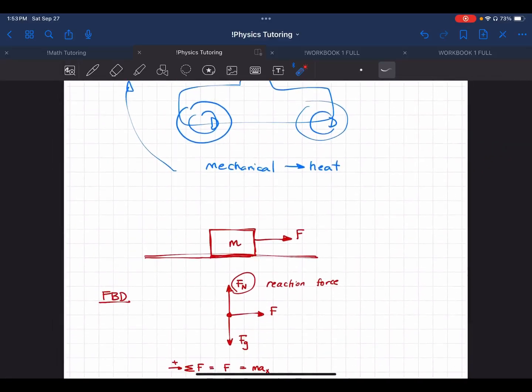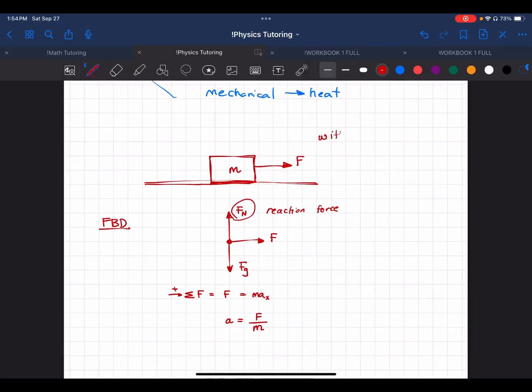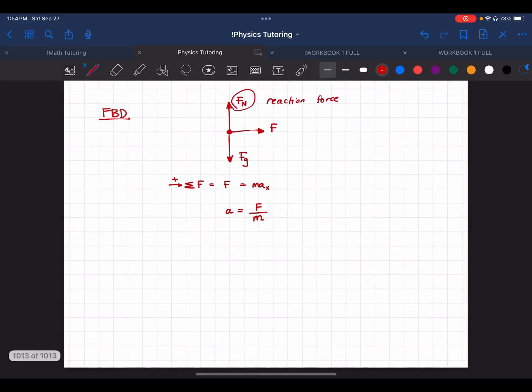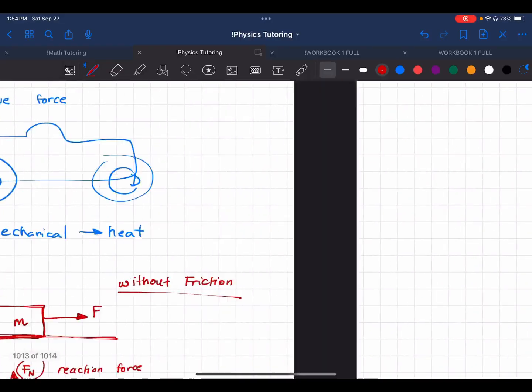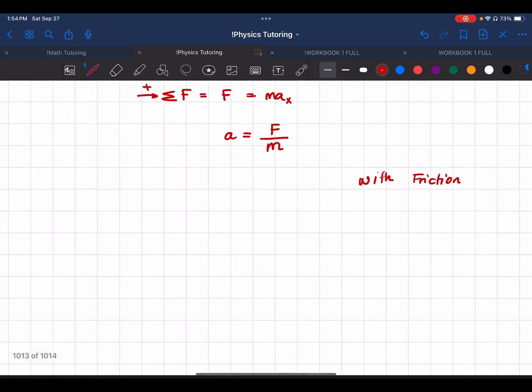So the only difference is that this is without friction, right? Without friction. And that's what we've been doing in the past few weeks. We have no friction. You know what? Let me go back. What happens with friction? So I want y'all to imagine, right?